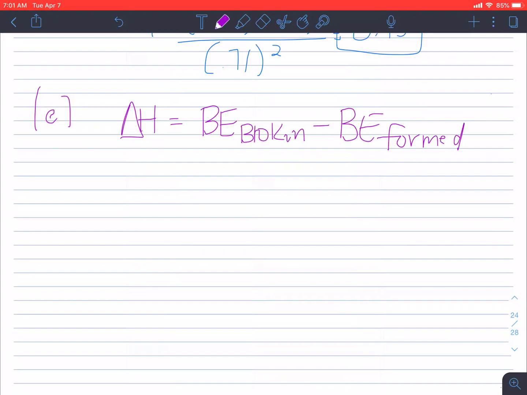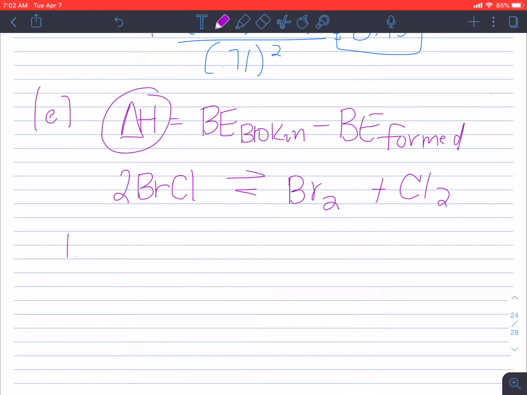Okay, and so if we use this data, let's think about our reaction. 2 BrCl yields Br2 plus Cl2. And so if we plug in all the values that are given, let's think real clear. Delta H is given, so this is 1.6 kilojoules per mole, is equal to the bond energy of the bonds that are being broken.